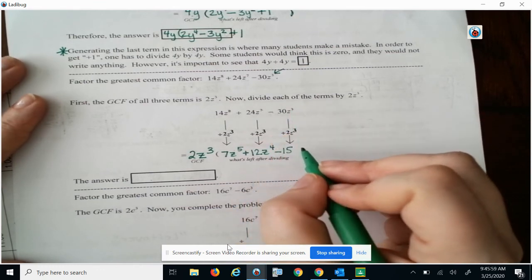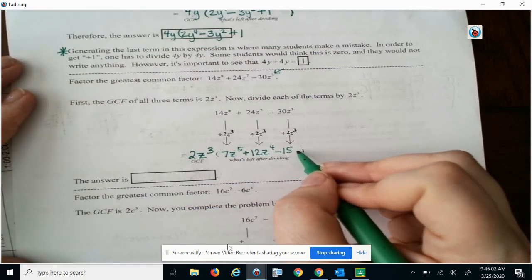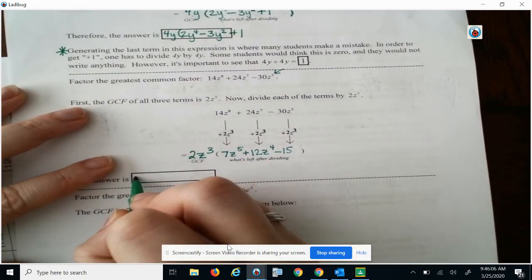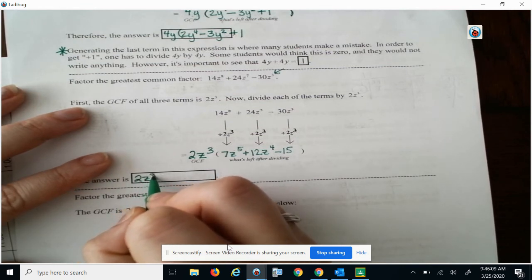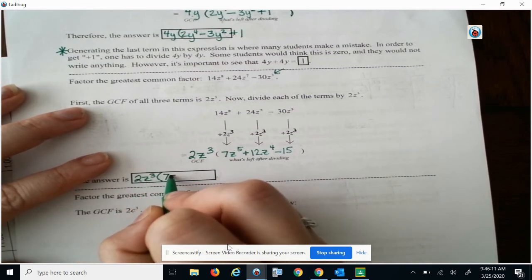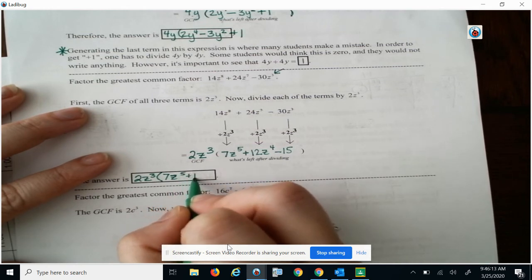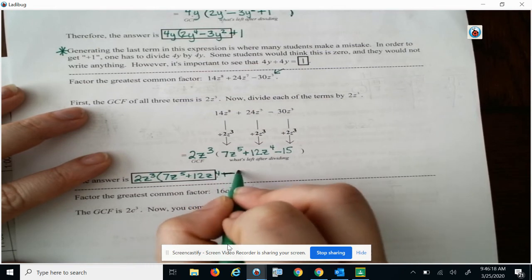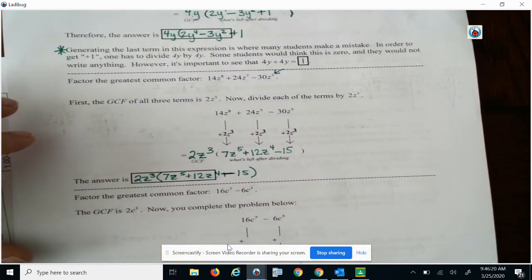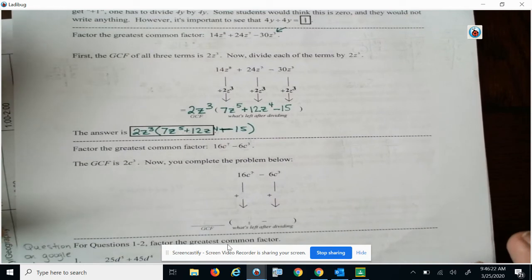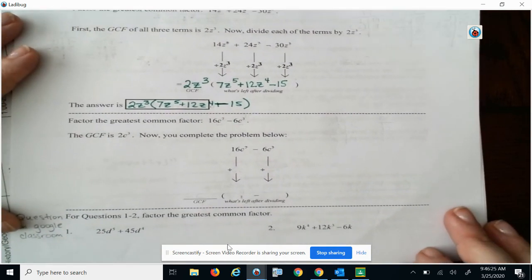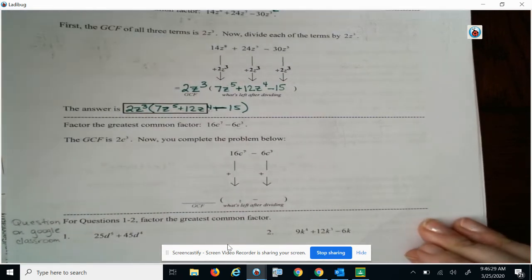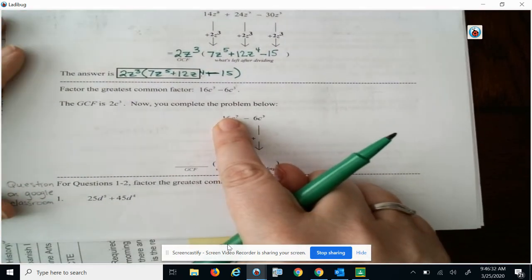Z, 3 minus 3 is 0, so our variable canceled. So our answer is all of this, our GCF times the leftovers. Minus 15. Okay. I'm going to leave this one off just to save some time on the video.